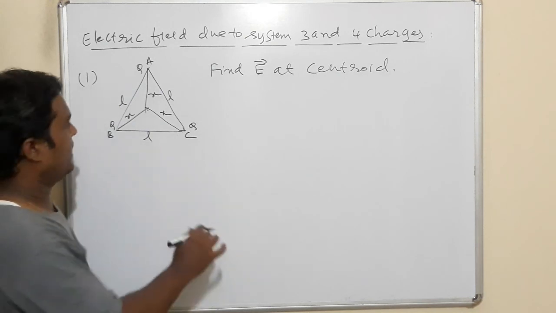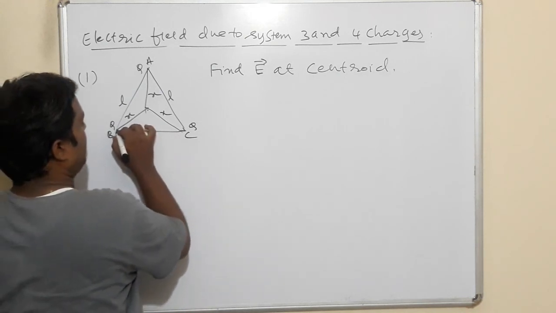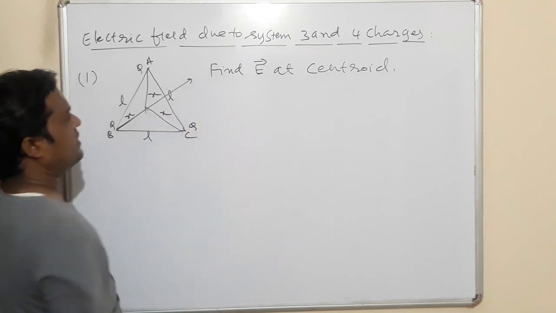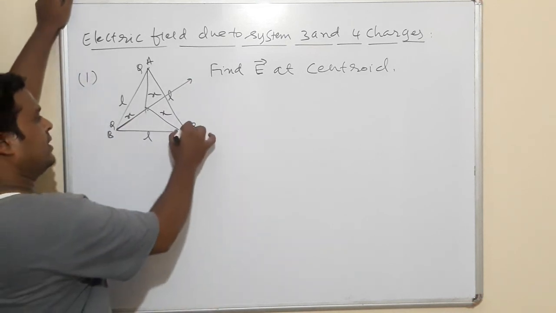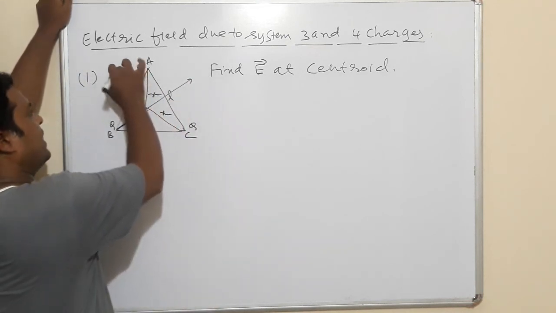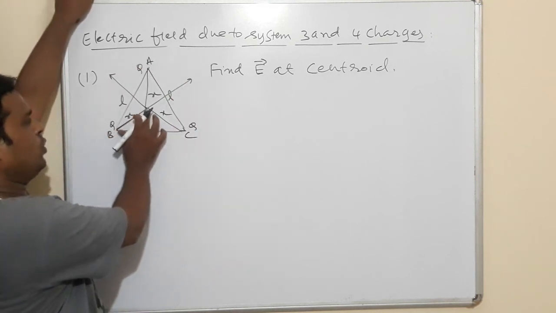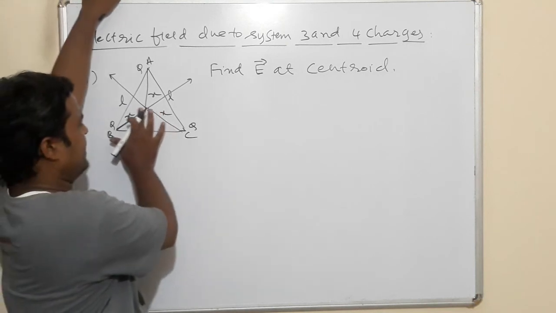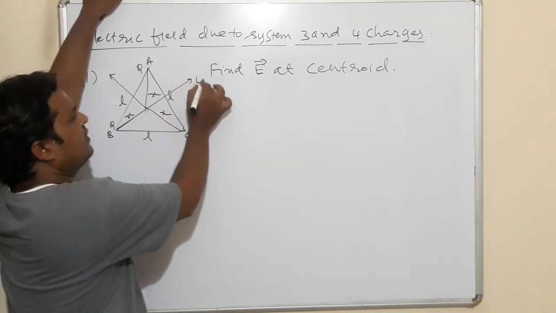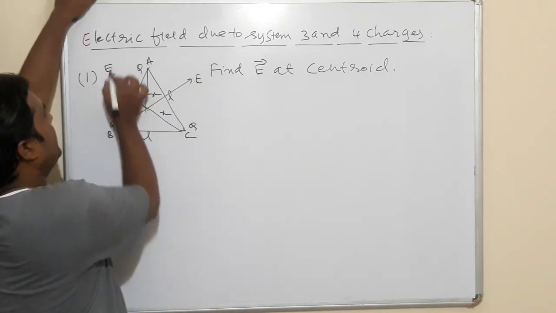Understood? You see, this charge will make the field in this direction, this charge will make the field in this direction. This field will be 1 by 4 pi epsilon naught q by x square. Same distance is there, same charges are there. This field is also E, this field is also E.